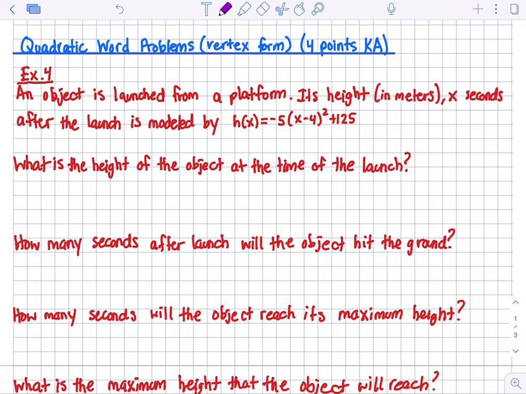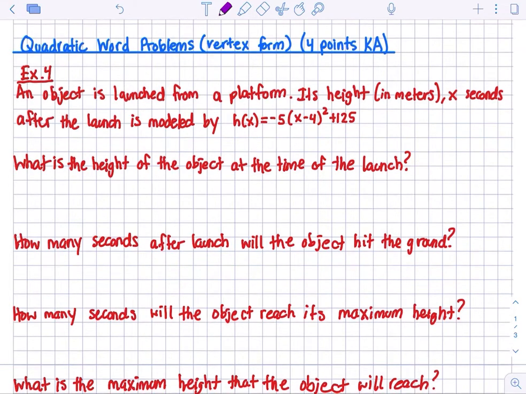So what is the height of the object at the time of the launch? Notice it's asking for the height. So it's saying, what is your h value, which is this right here. So you want to find what your h of x value is. So you're still going to have h of x, because that's what we're solving for, is equal to.